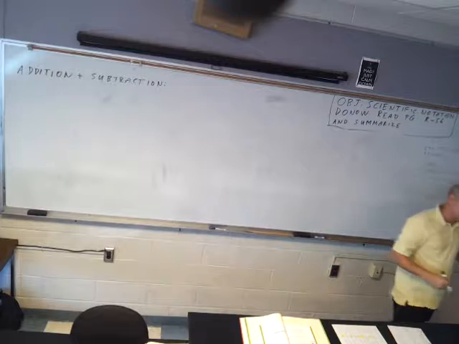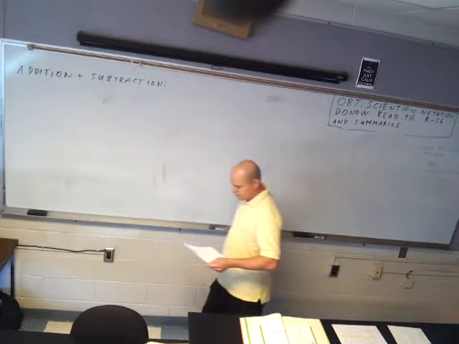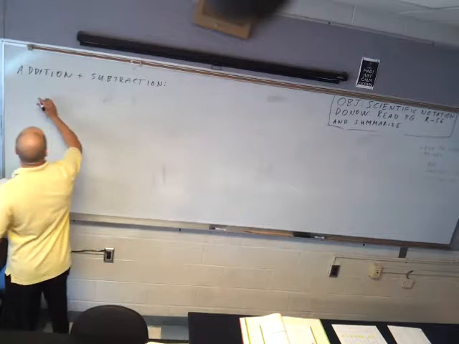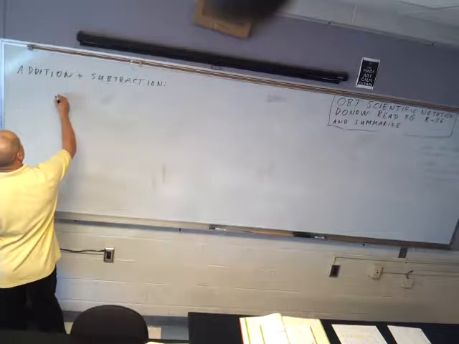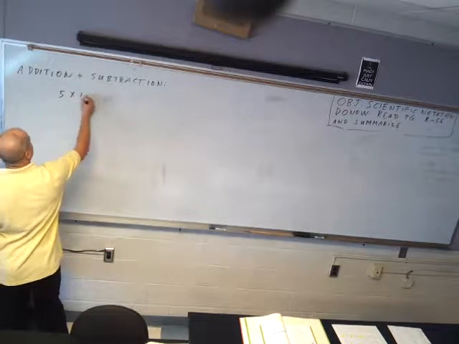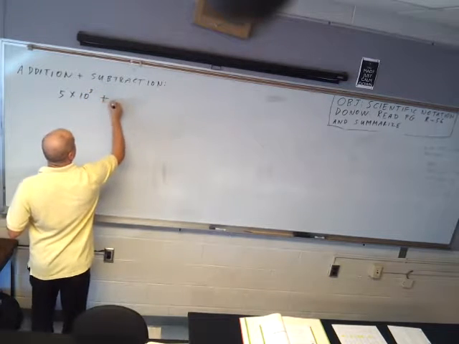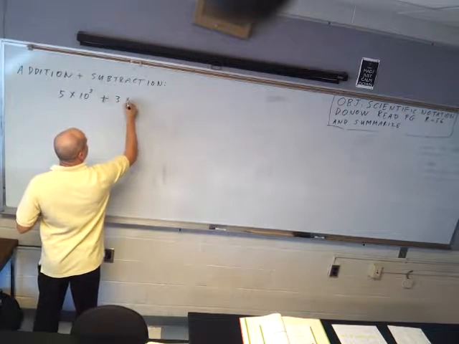If you guys catch me going too fast, let me know. Slow down. All right, so addition. Let's start off with something small. Let's do 5 times 10 to the power of 3 plus 3 times 10 to the power of 3.